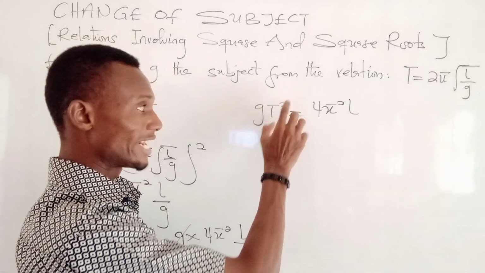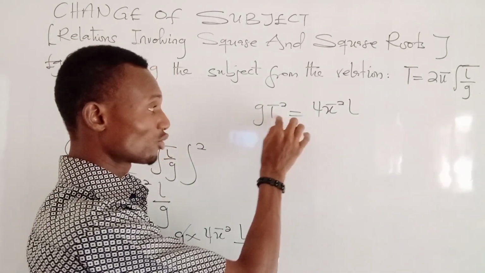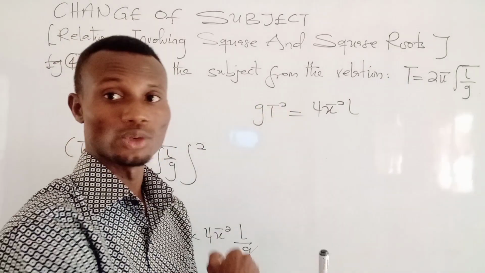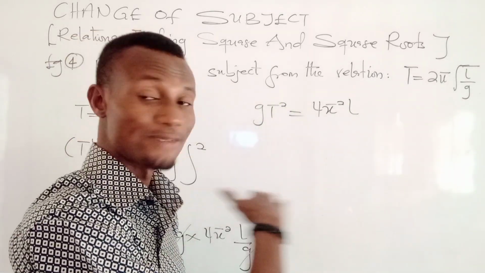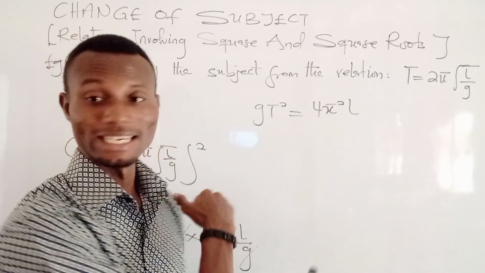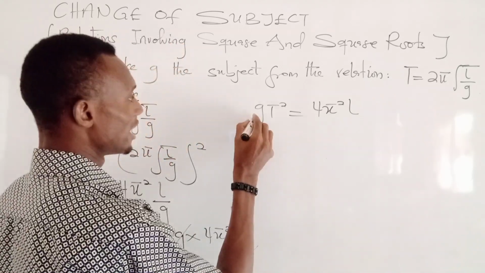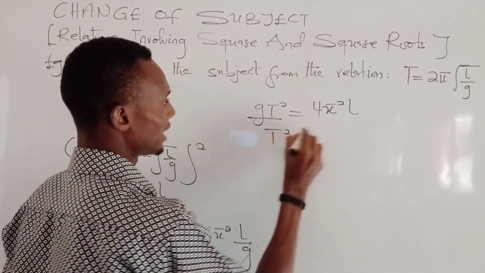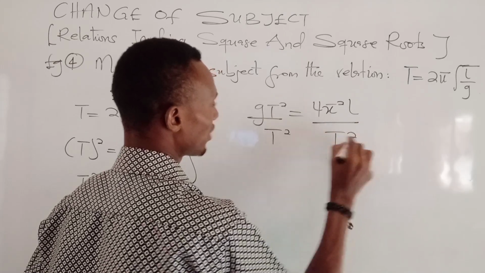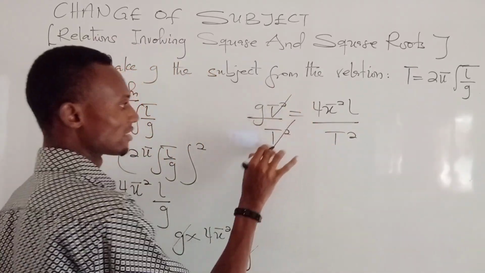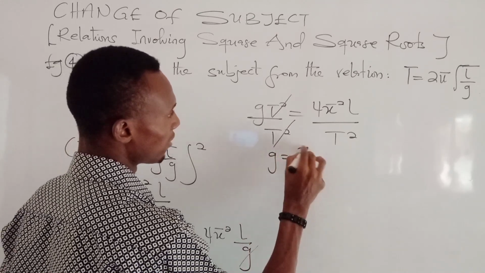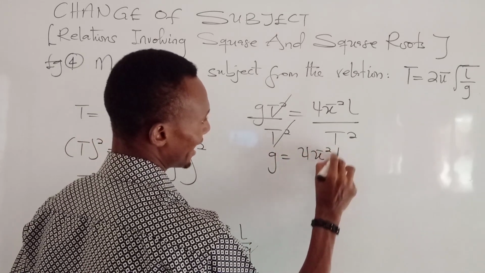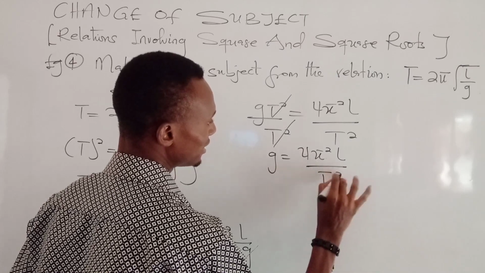So the T squared here, we need to move it away, and the T squared is multiplying the G. So how to get the T squared to move away from the G is to divide through the equation by T squared. So I'll divide here by T squared and here also by T squared, so that this T squared will cancel this T squared away. So I have my G equals 4 pi squared L all over T squared.